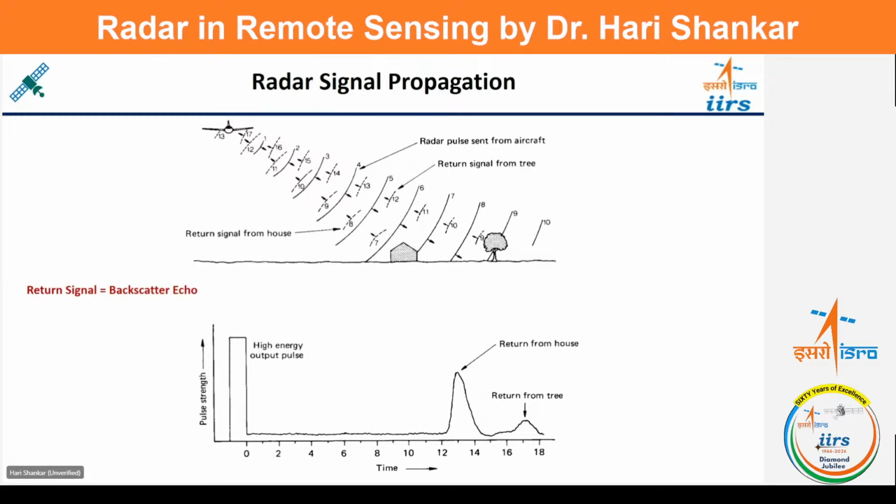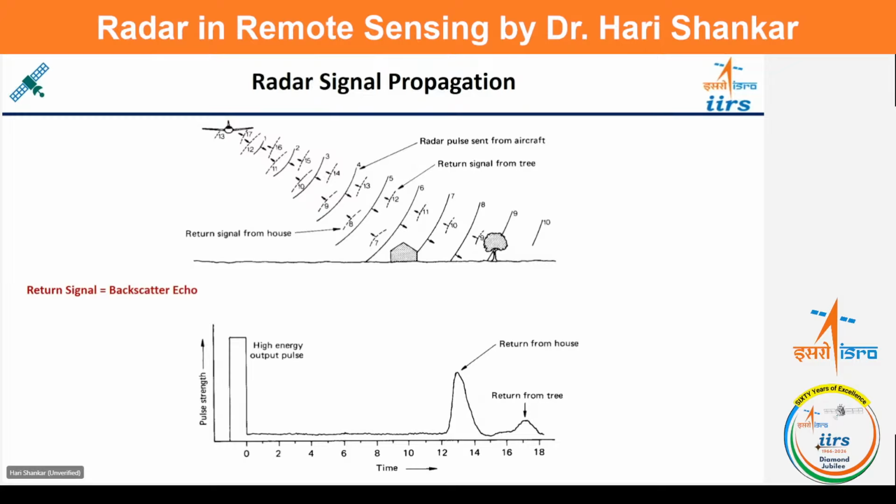Okay, because whatever changes or roughness are there on the surface, if that roughness is less than the wavelength of the signal, then the surface will appear smooth. If the vertical or horizontal changes are more as compared to the wavelength, then it appears as a rough surface.